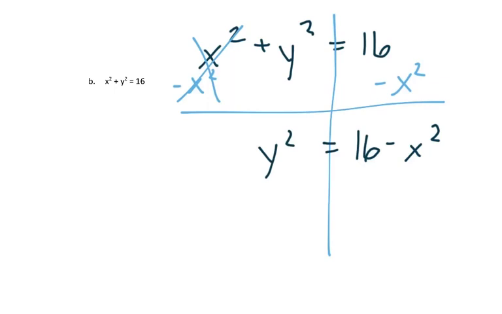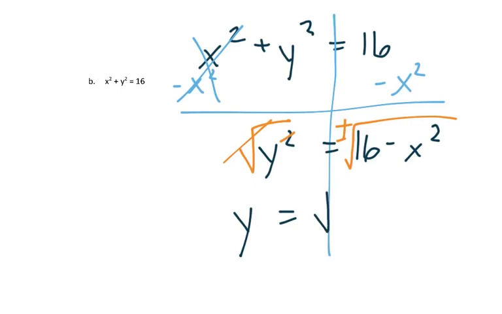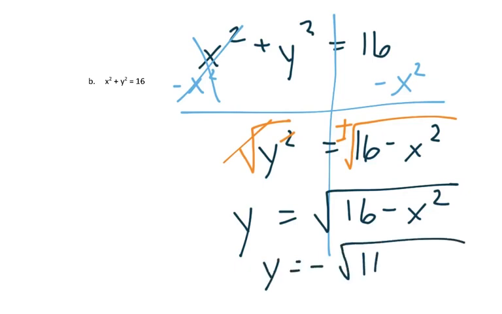But remember, we did in chapter 1 that if you solve a square root, you need to take the positive and negative square roots. So on the y side, it cancels out, and it just leaves us with y. But remember, we talked about how this really is 2 different answers. This is really the positive square root of 16 minus x squared, and y is equal to the negative square root of 16 minus x squared.